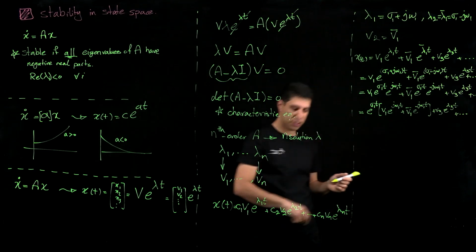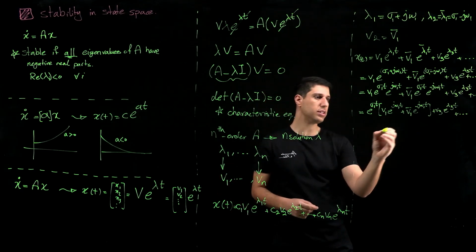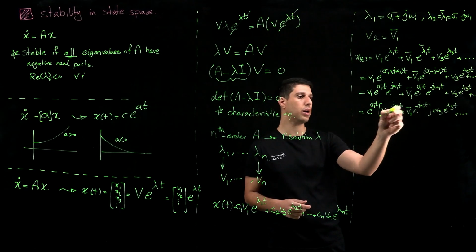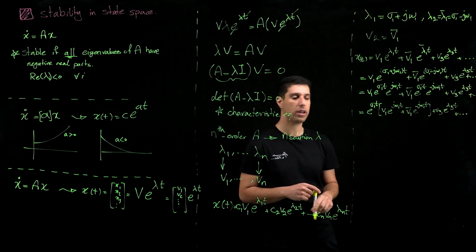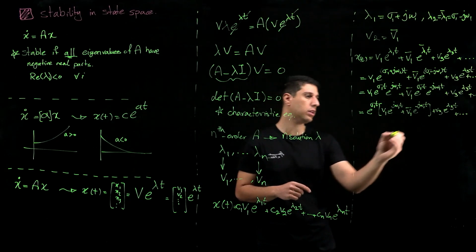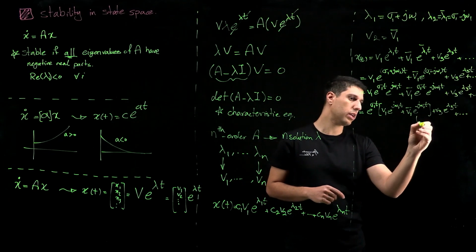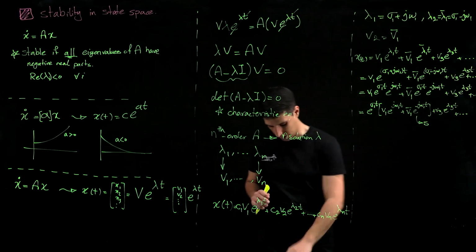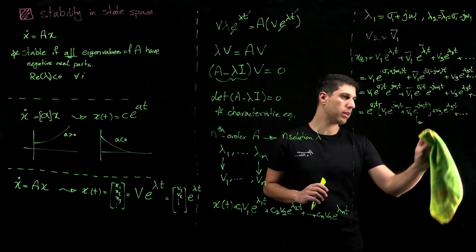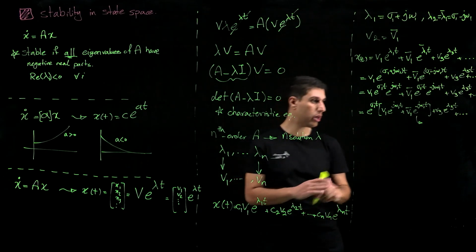And this part, e to an imaginary number, e to the j omega t, is the Euler formula.